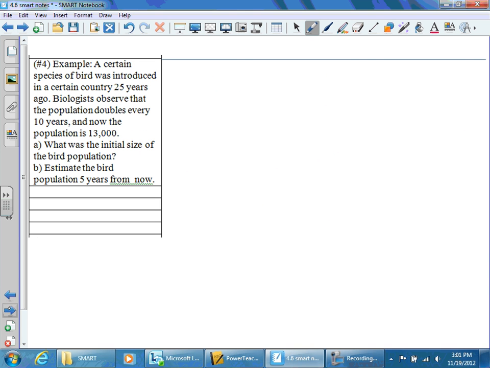Let's try another one. A certain species of bird was introduced in a certain country 25 years ago. Biologists observed that the population doubles every 10 years, and now the population is 13,000. A wants to know what was the initial size of the bird population. So I know right now it's 13,000. I do not know my initial size.